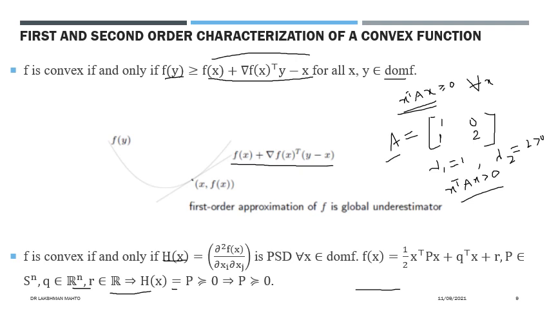If this is positive semi-definite, we can claim that the corresponding quadratic function would be a convex function. So it is very easy to test for a quadratic function. For those functions which have a quadratic approximation, usually we can test with the help of second order characterization.